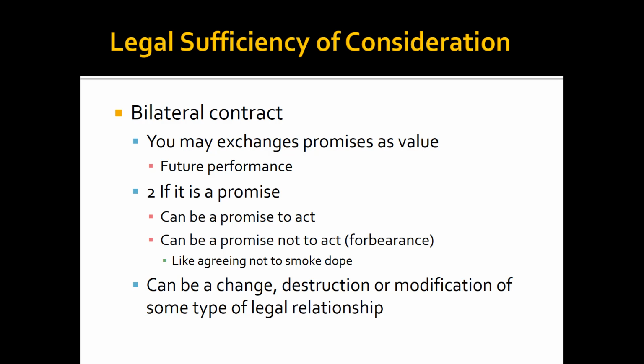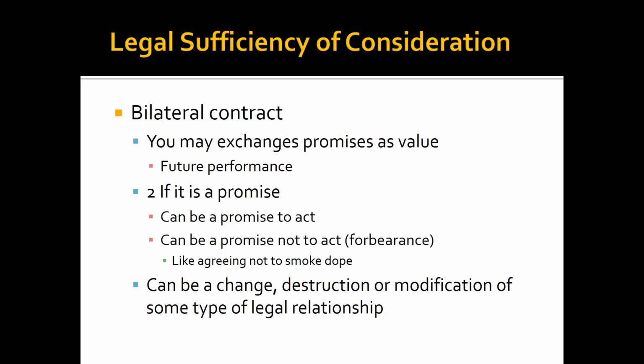So I might say, if you will agree not to smoke marijuana, then I will pay for your college education. That would be a promise on one side of whatever the value of the college education is, for your promise not to act in a certain way: forbearance. And since marijuana is legal in many states, you'd be giving up a legal right.